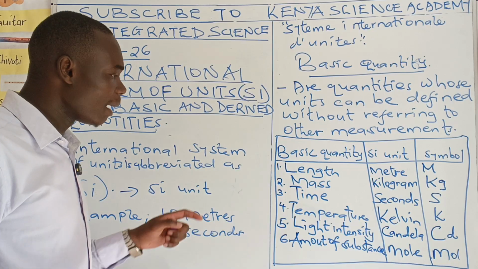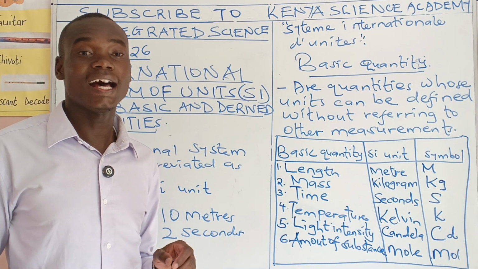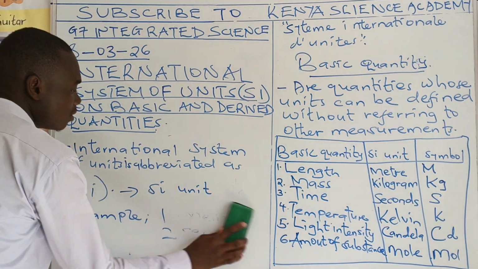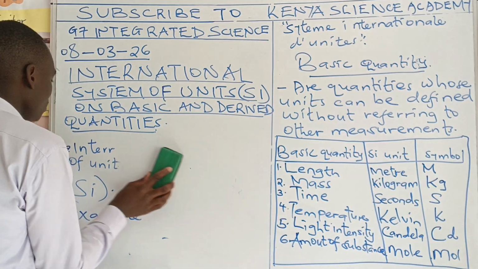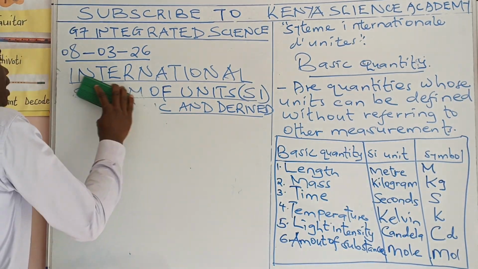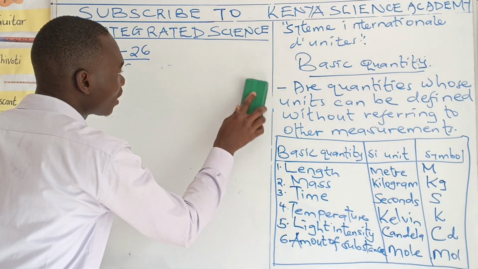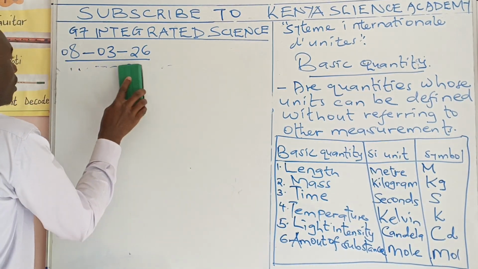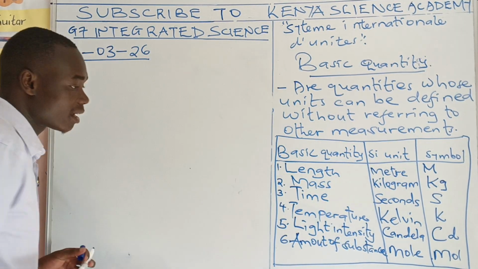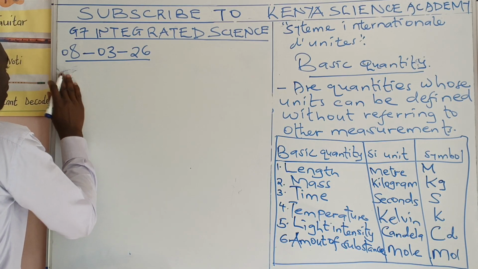Now, I'm not going to tell you the 7th one. That will be an assignment for you. I would want you to have some interest in knowing this international system of units for the basic quantities. I know a learner always goes the extra mile. So that is why I want you to give me the 7th.